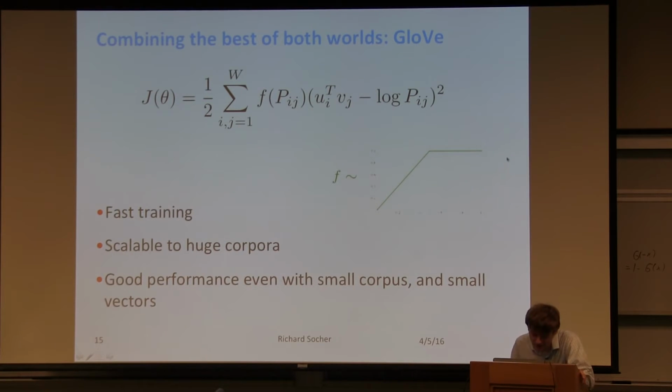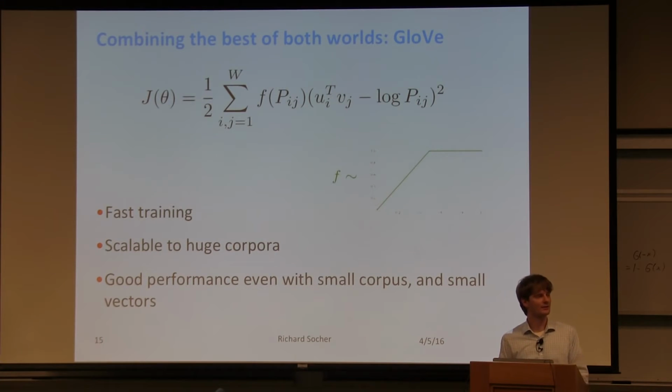We basically don't want to force the very large counts to dominate the entire objective function. So we'll cut that off and have a linear scaling until then. Does that make sense? Otherwise the model would spend a lot of its parameters making sure to capture that the and cat and he and has appear very often together, and it would dominate the rest of the model and the rest of the optimization.